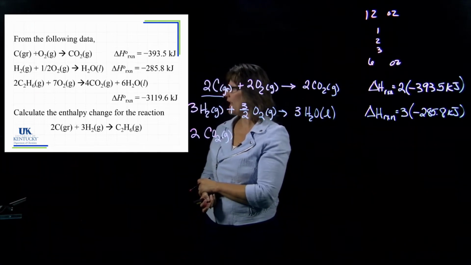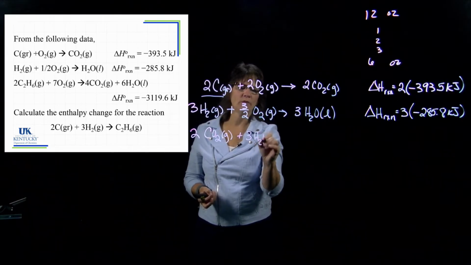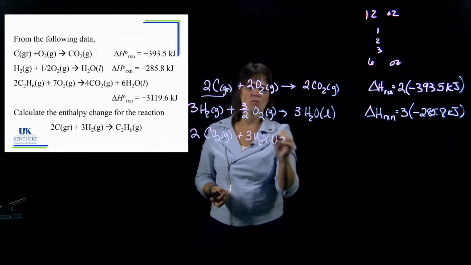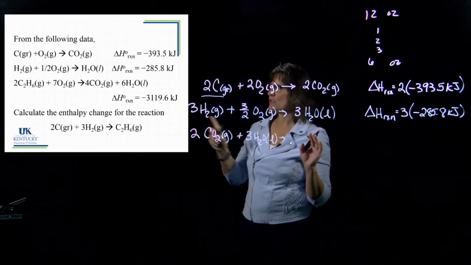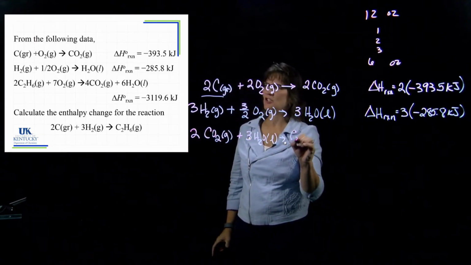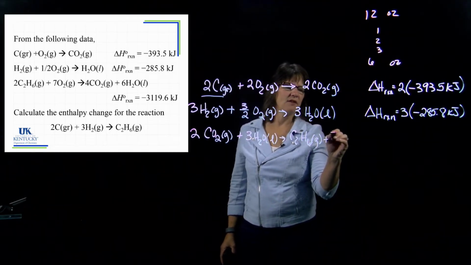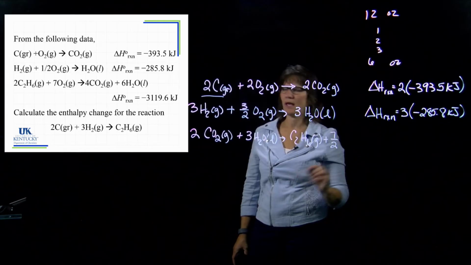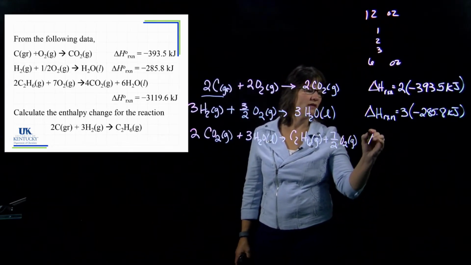The next thing that it has is the water. Cutting it in half gives me 3 moles of water. Okay. Then on the product side, it was what's written over there as a reactant. Now it's a product. Cut in half, it would be C2H6. And this is a gas. Cutting the 7 in half is 7 halves. Okay, and that is the O2 gas. So what do we do with the delta H?